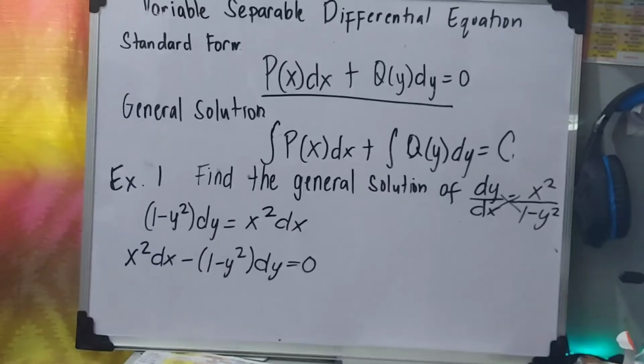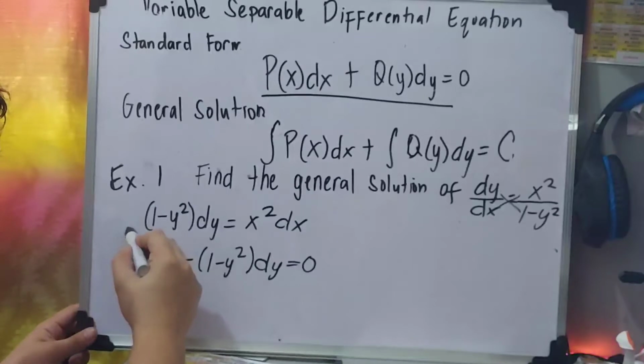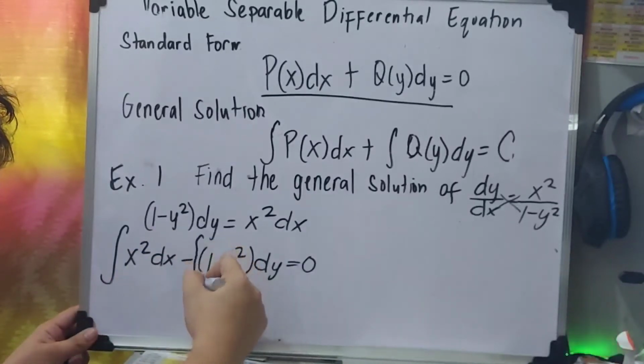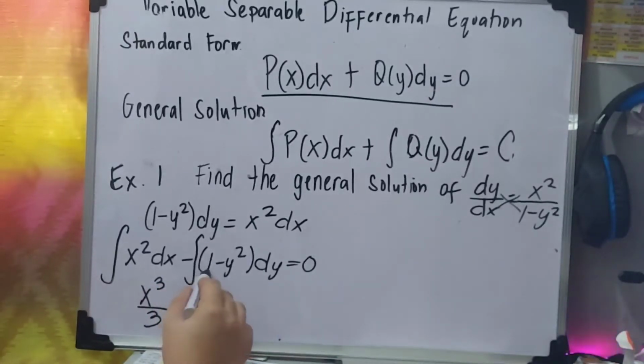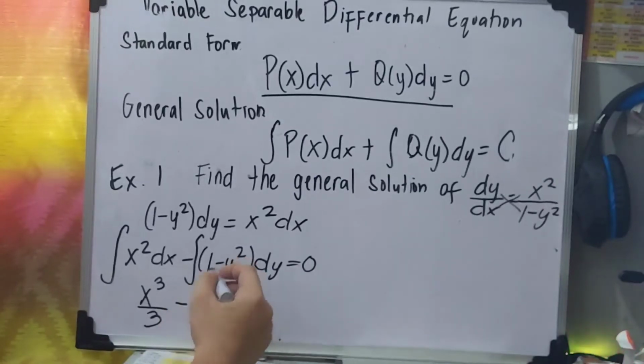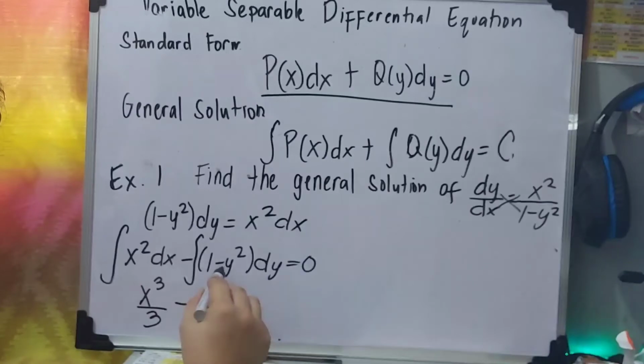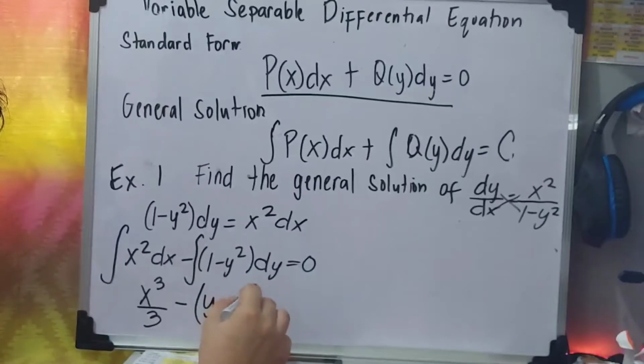Since all of the variables are separated and isolated, we can integrate now. The integral of x squared dx is x cubed over 3, copy negative, the integral of 1 dy is y, the integral of negative y squared is negative y cubed over 3.